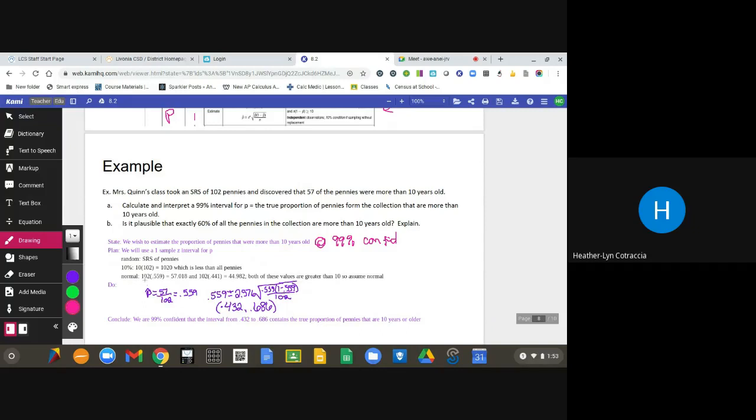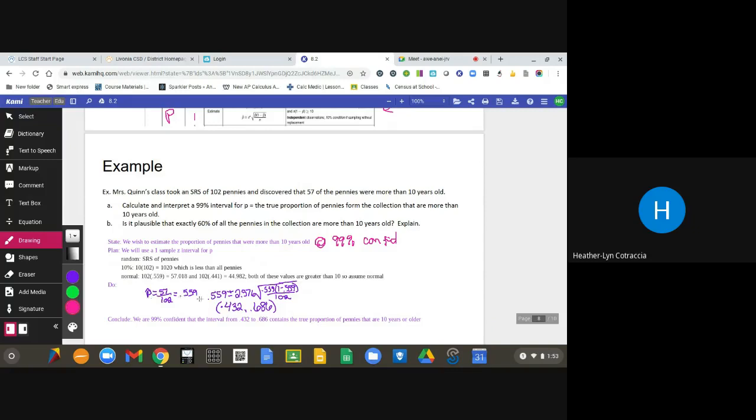So if you do your sample size, 102 times 0.559, you get 57. And then if you do 102 times that complement, so the complement of 0.559 is 0.441, those two add up to 1. If you multiply that, then you get 44.92. Since both of those numbers, the 57 and the 44, are greater than 10, we can assume normal or that it's large enough.